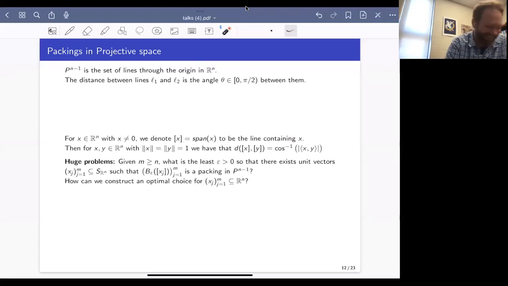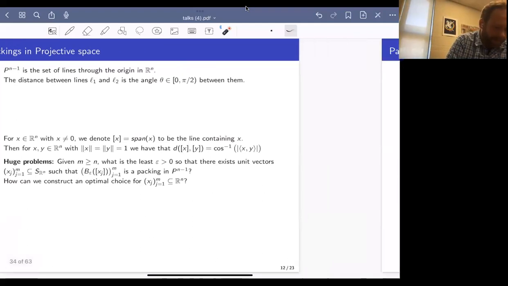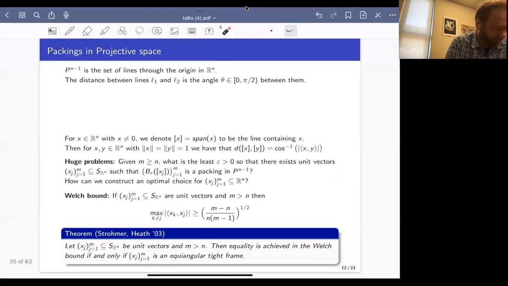So yeah. One natural obstruction is the Welch bound, that if you have a collection of unit vectors, then the biggest magnitude of the inner product between two of them is at least this value.